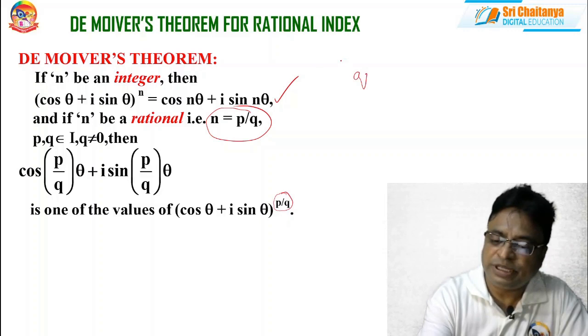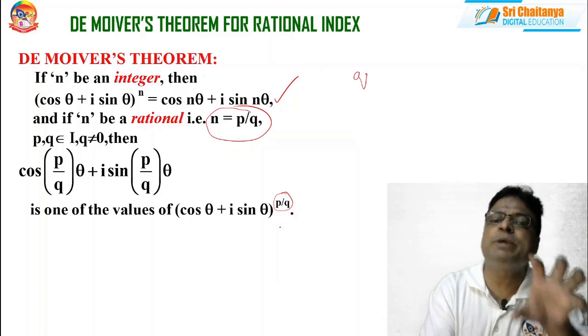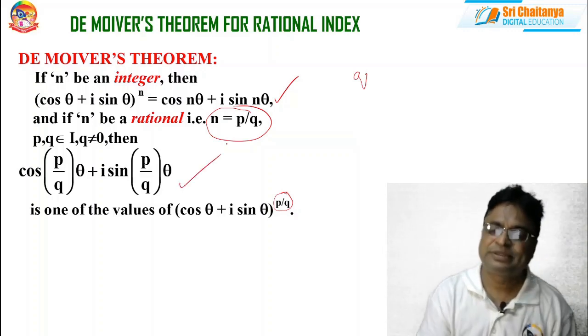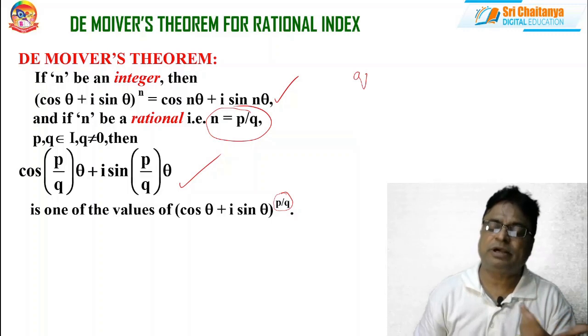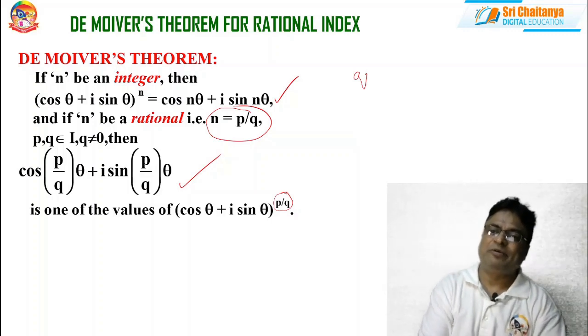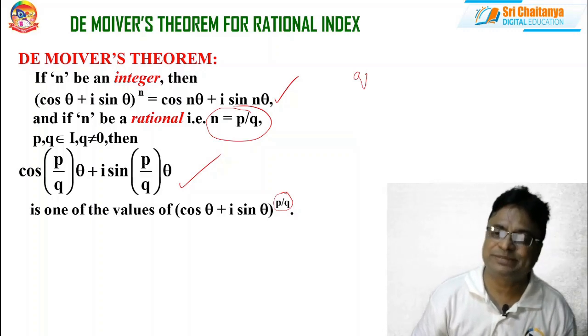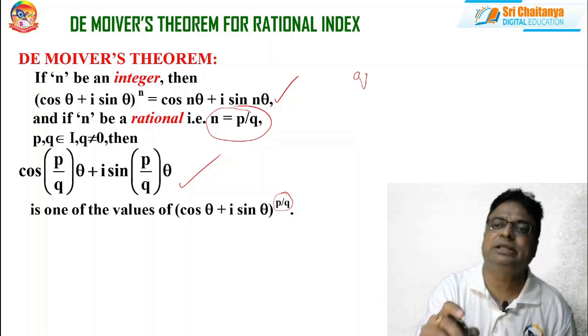So if n is in the form of p by q, then for (cos theta plus i sin theta) whole power p by q, there exist q number of roots, q number of values. Of that, this is one. Then the next question is, what about the remaining? How can we extract the remaining q minus 1 roots? That is the important point. That concept now we are concentrating on in this lesson.